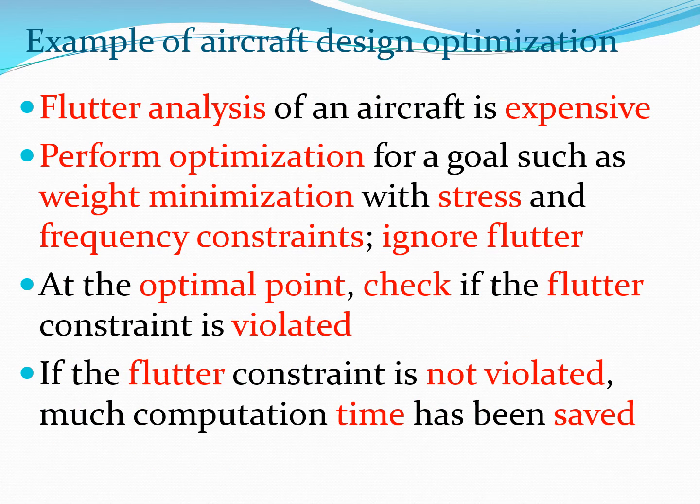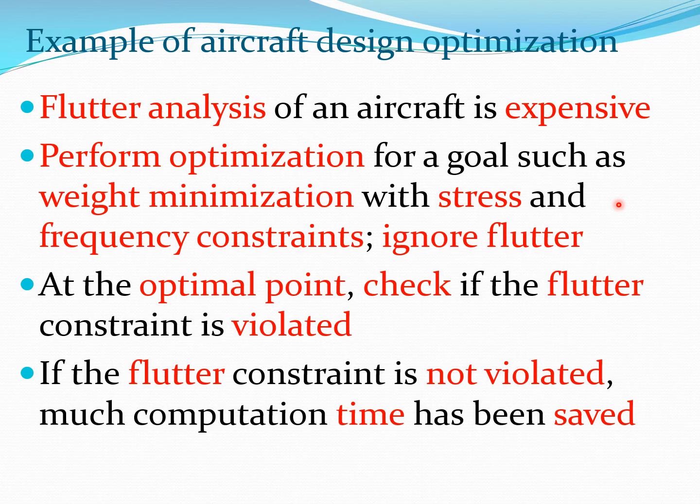So I'll give you an example of a typical design problem such as a wing design problem. Now, typically the goal of any kind of design related to a flight vehicle would involve weight minimization, and therefore some optimization may be performed to minimize the weight of the system while constraints are placed on stress and frequency, for example. So the stress constraints ensure that your structure does not fail.